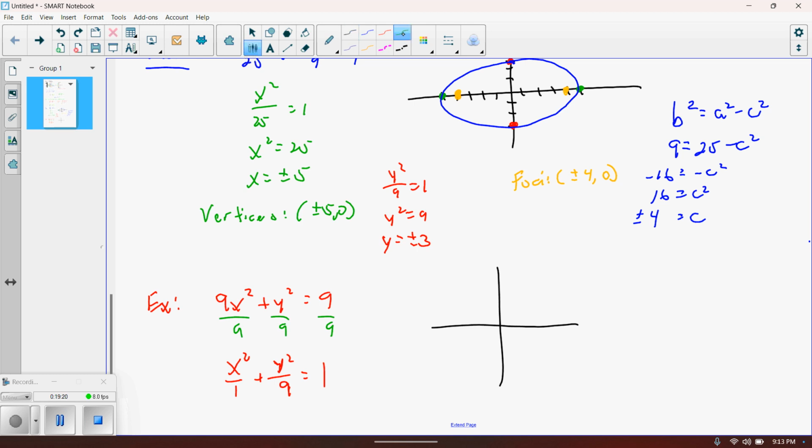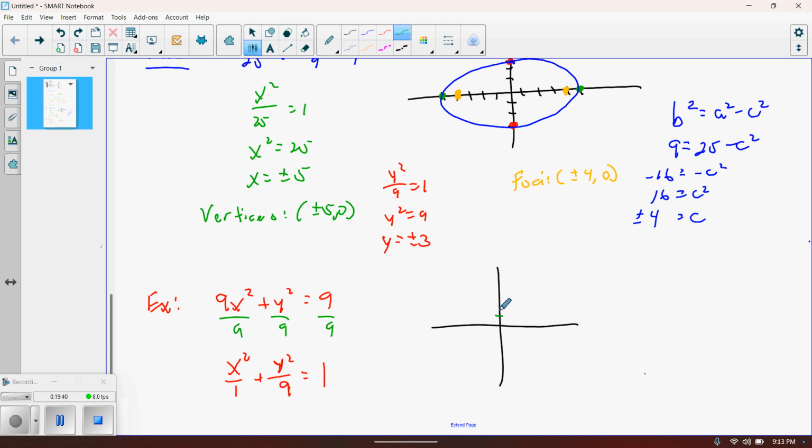And hopefully you'll be able to see this pretty quickly, but if you let x equal 0, that term goes away. You'd have to multiply by 9 on both sides, or you can look at this and just say, well, why don't I just take the square root of the a squared value of 9, and know that it's positive and negative 3.